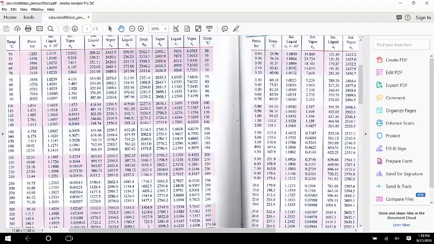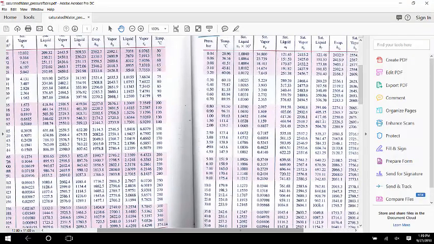So we can look that up in the table. So that's here in this column. So 639.68.